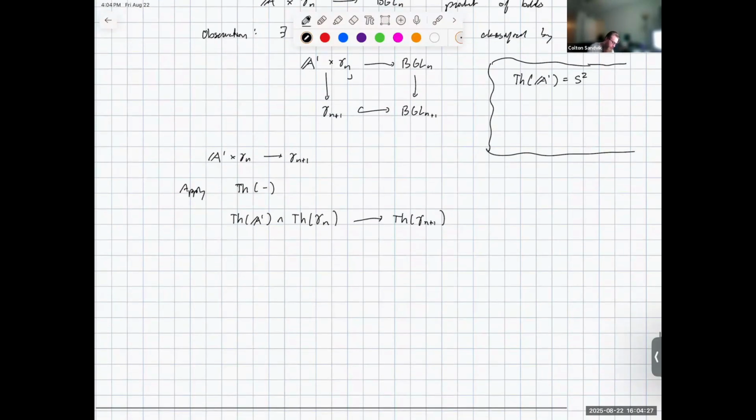And so we have these maps, and if we recall, this Thom space of A1 in this world is the Tate sphere.